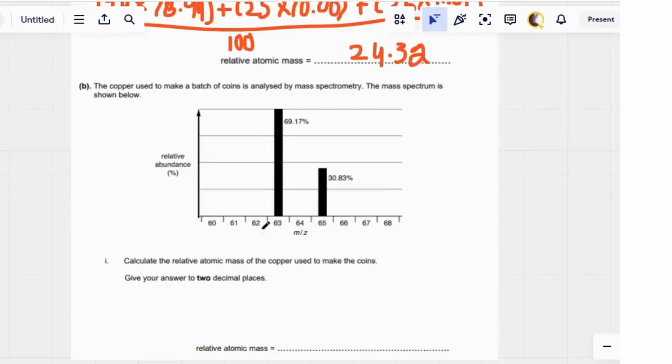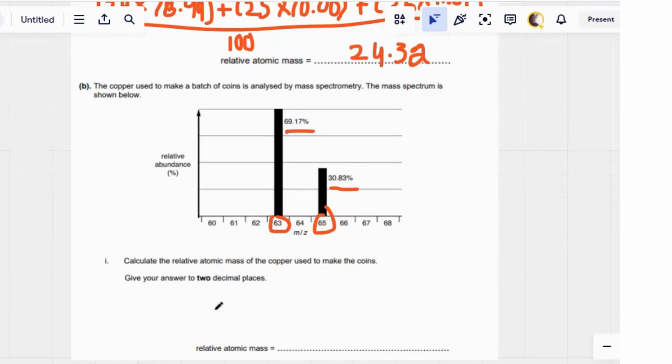It is as simple: we see copper 63 has the relative abundance 69.17, and copper 65 has the relative abundance 30.83. I will multiply the mass of one isotope with its relative abundance, add it to the mass of the other isotope times its relative abundance, and divide by 100.